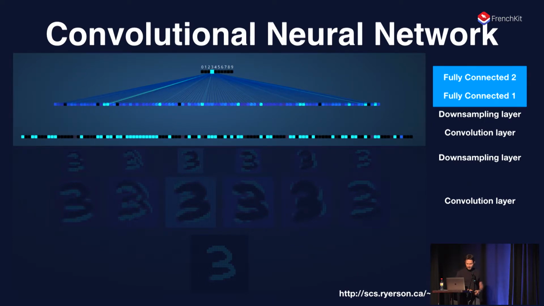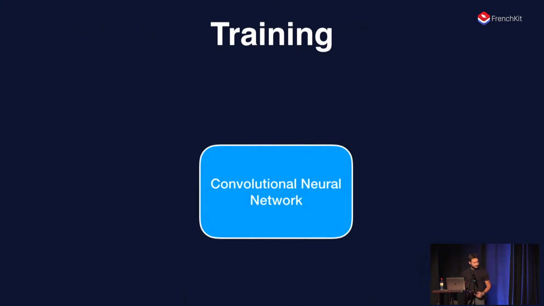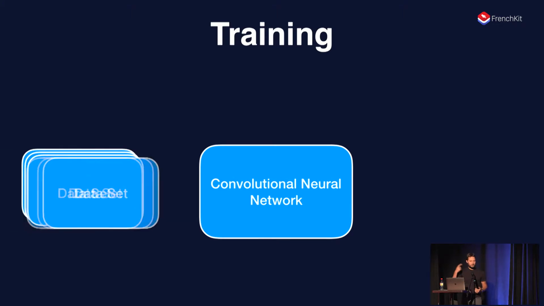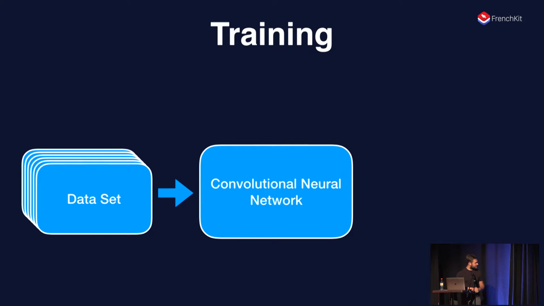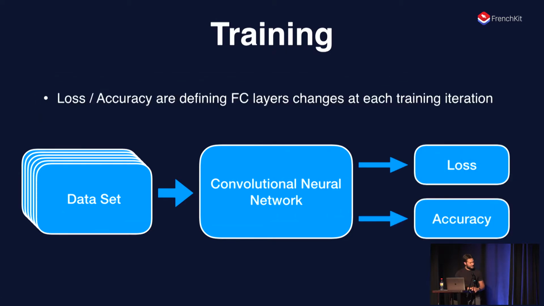And that's the interesting part, because as you may know, once you have your model, we have to train it. So I put all this in this little box, convolutional neural network, and we will apply several iterations of the same data set on this particular neural network. And at the end of each iteration, we compute two mathematical operations, the loss and the accuracy.